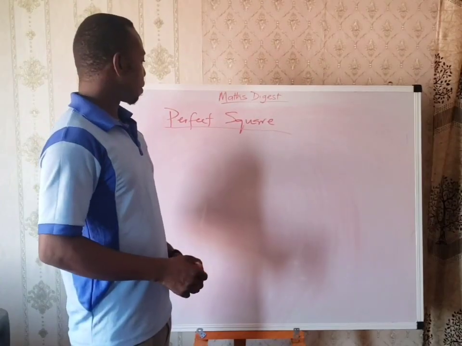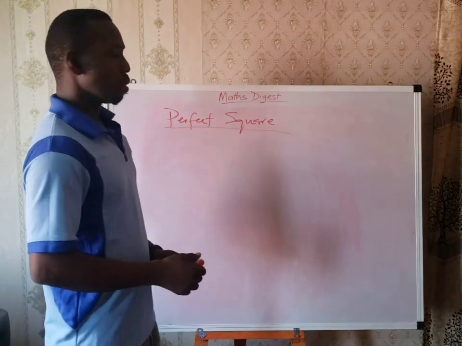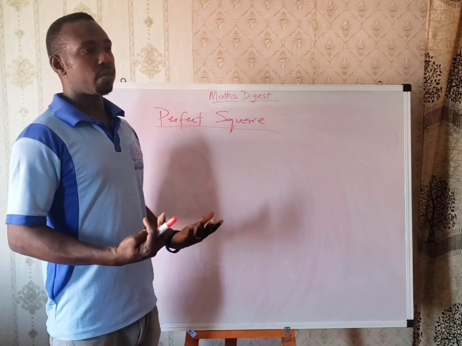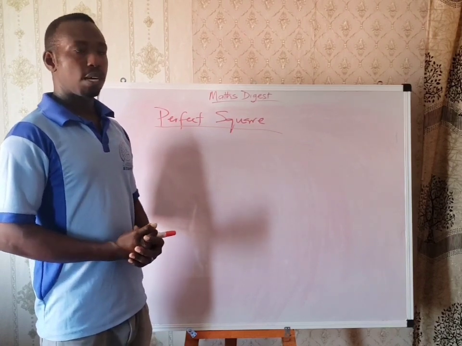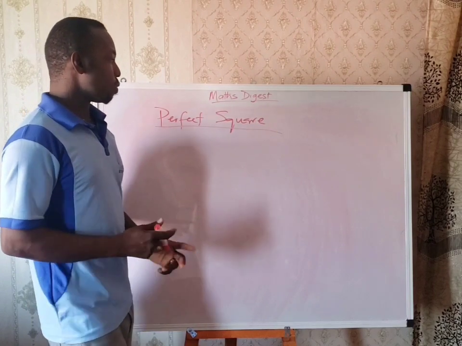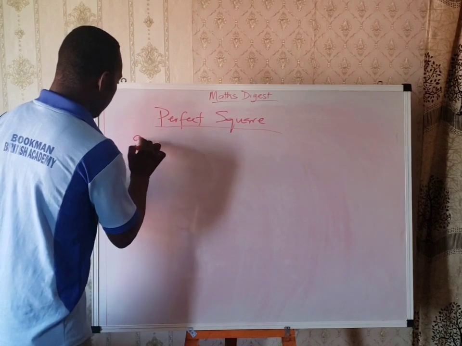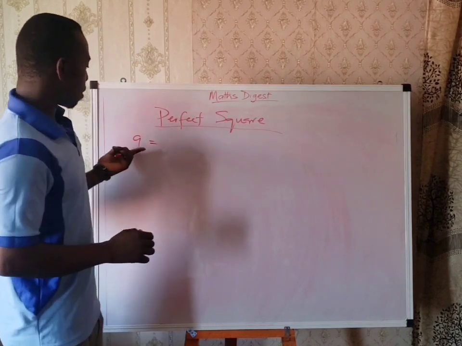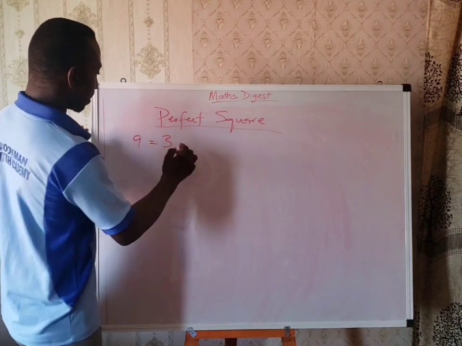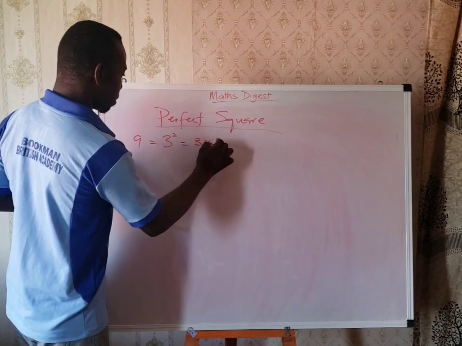Okay, welcome back. Now, we'll look at perfect square. What is a perfect square? We can say that perfect squares are those algebraic or numerical expressions that can be broken down into two perfect factors. Now, if you look at a number like 9, 9 is a perfect square that has 3 raised to power 2, which is equal to 3 times 3.